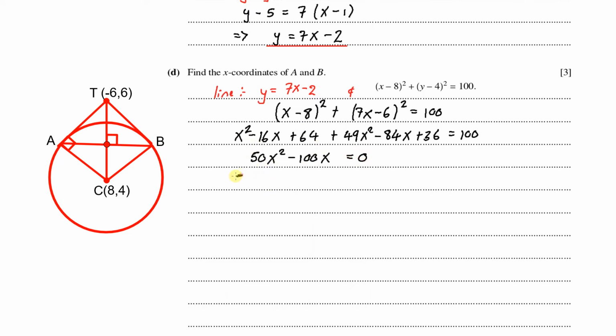So here I can factor out 50x, and I get x minus 2 inside the bracket. And then here it's either 50x is equal to 0 or x minus 2 is equal to 0, where x comes out as 0 here and x comes out as 2 here. And these are the two x coordinates of A and B. And that's how we do it.